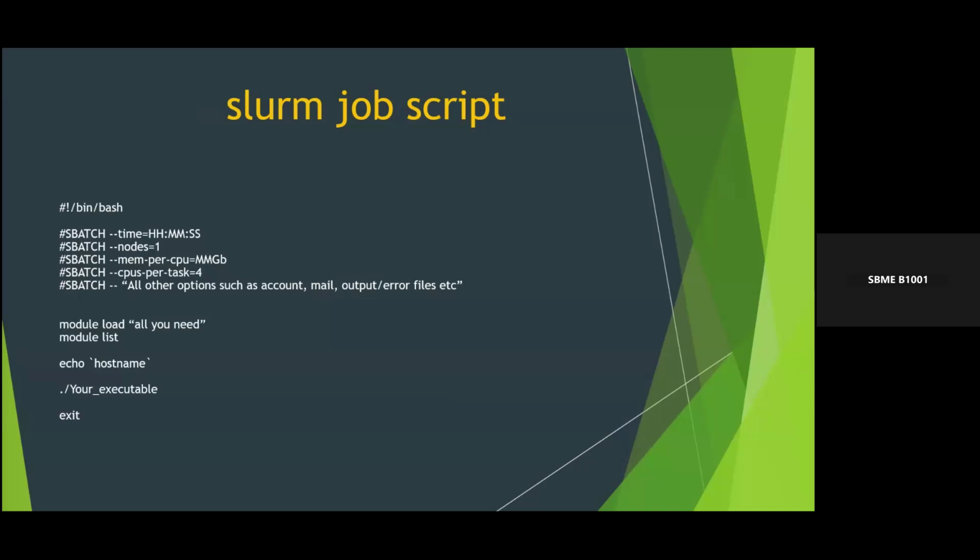If I execute this script, like Jacob was showing today, after I change the permission so that it is executable, then yes, this will be a comment. But I am submitting this to Slurm, and Slurm treats these comments as directives. So anything which starts with sbatch is read by Slurm to deploy your code.